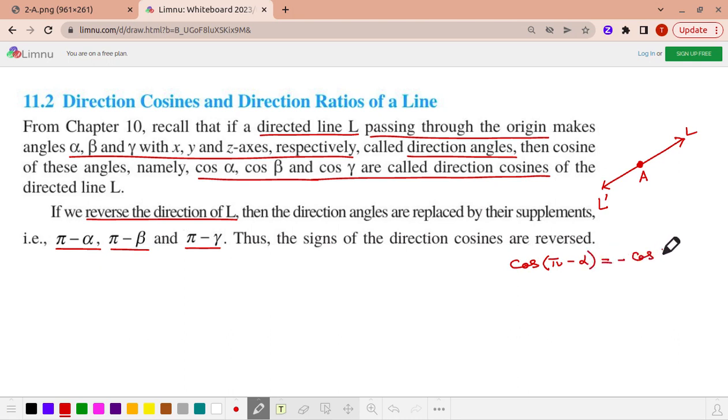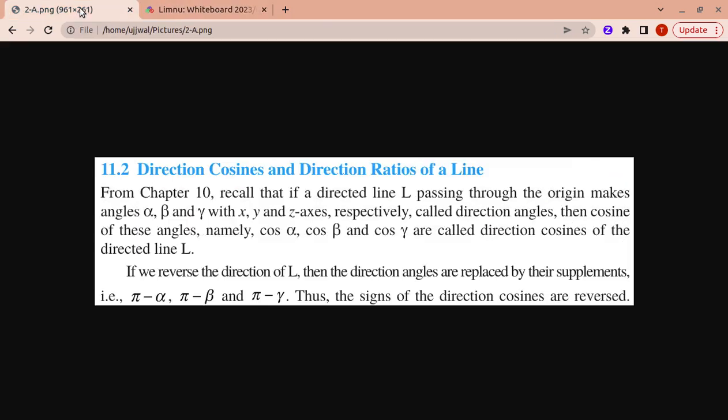For example, if we get the direction cosines as l, m, n, which is the convention by which they are denoted, then if we reverse the direction of that line, the direction cosines of the reversed line will be minus l, minus m, minus n. We will discuss all these things in detail after some time.